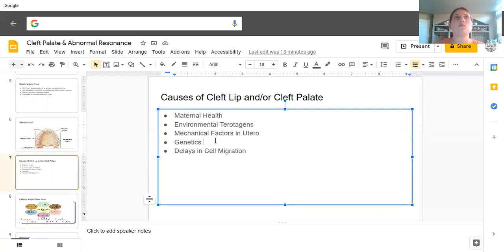Genetics, again, we talked about how some individuals with cleft lip and cleft palate might have a related syndrome. Also, delays in cell migration that might affect the development of that primary and secondary palate. And also, of course, there are just causes out there that we do not know of, and do not know why that happened to the child.